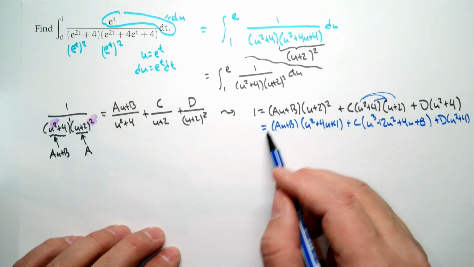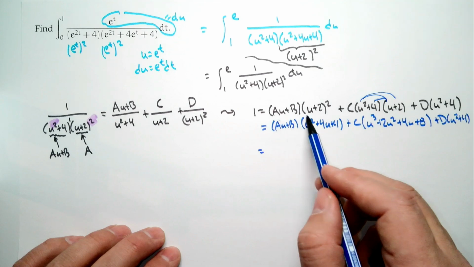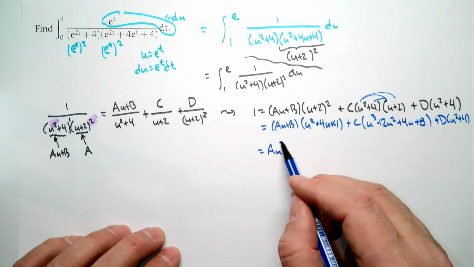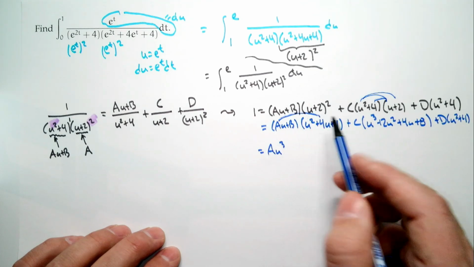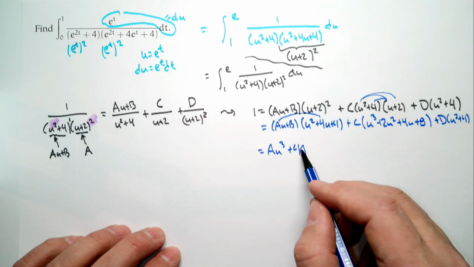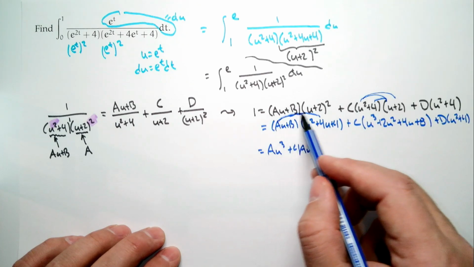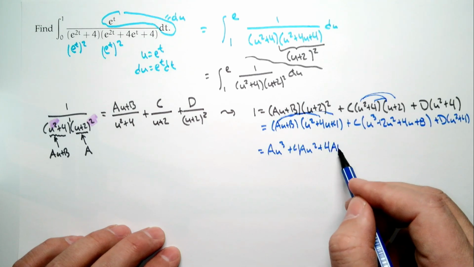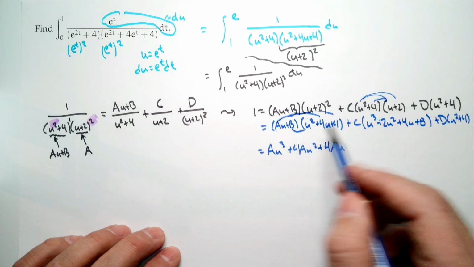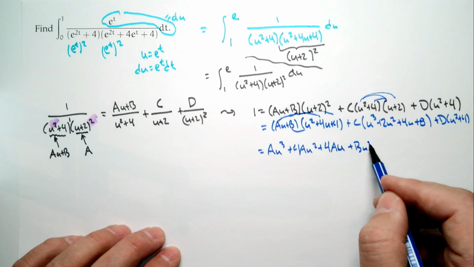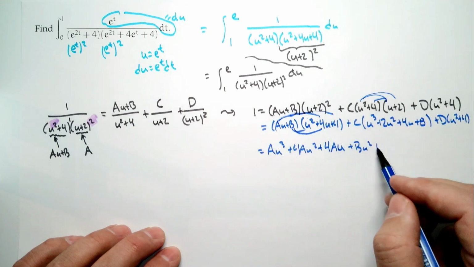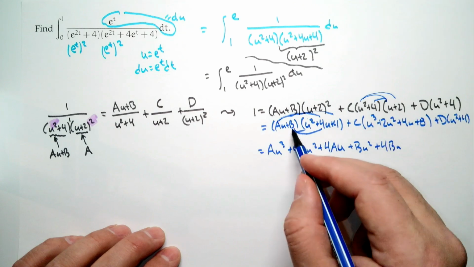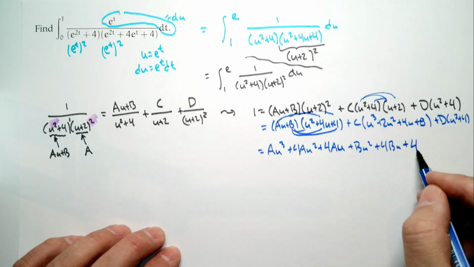So let's see, what do we get? We get au times u squared, that's au cubed. Au times 4u, that's 4au squared. Au times 4, that's 4a times u. Bu squared, 4bu, and 4b.